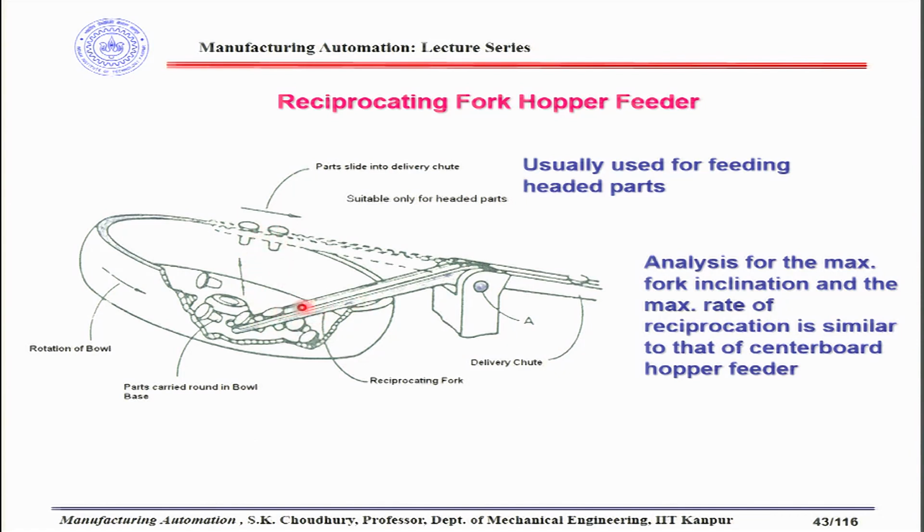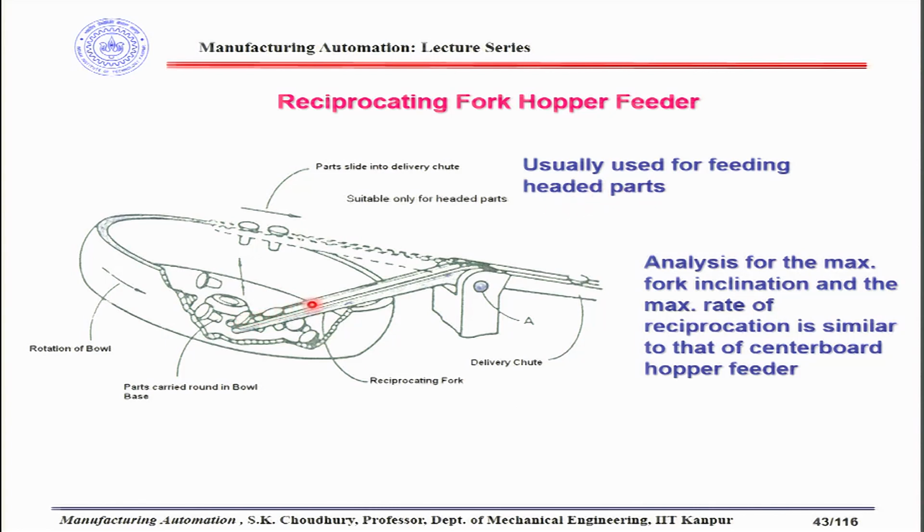This fork has a slot, and on this slot the headed parts will be hanging. So, this kind of reciprocating fork hopper feeder is suitable for feeding headed parts like bolts, for example, or rivets with heads.